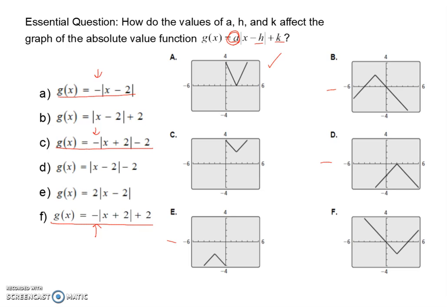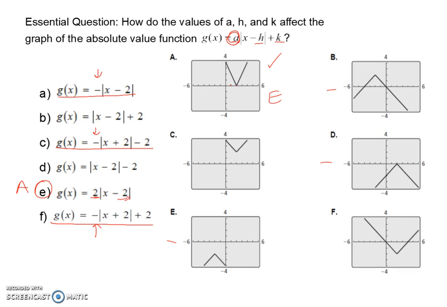And so if I look at my equations, I find that E has an A value greater than 1. It also has a -2 for H. And remember that H, if that's a -2, that means H is +2. So it's going to move to the right 2. And this graph did move to the right 2. So A matches with E. Or I could say graph A goes with E.